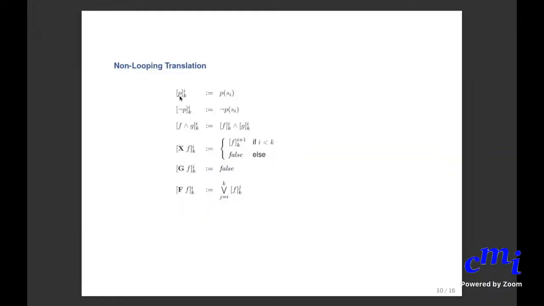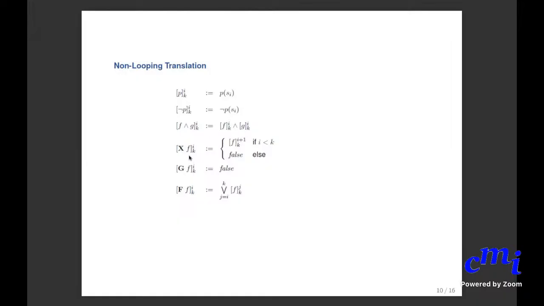If your LTL formula is just a simple predicate, then the SAT translation, that is the first order formula that you have to get, is just checking if the predicate P holds of the state indexed at I in the K-long prefix. So it's a simple atomic predicate check. Similarly, not P is checked by the negation of P, and if it's a conjunction, then you recursively check if F and G hold.